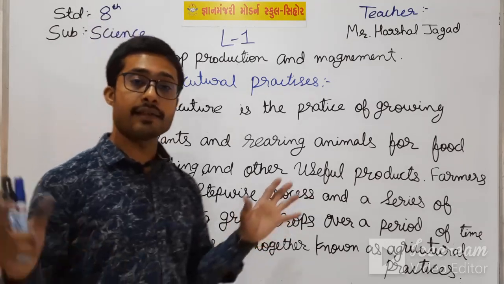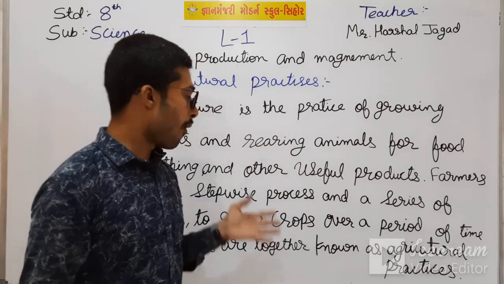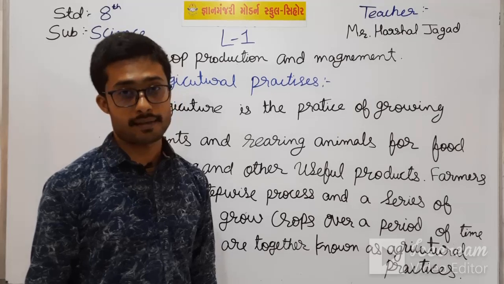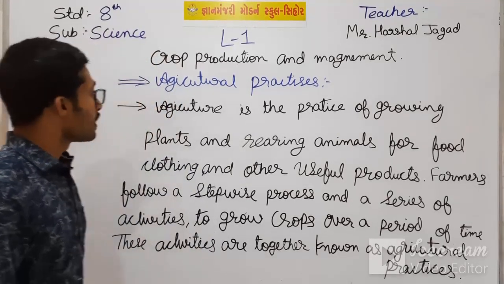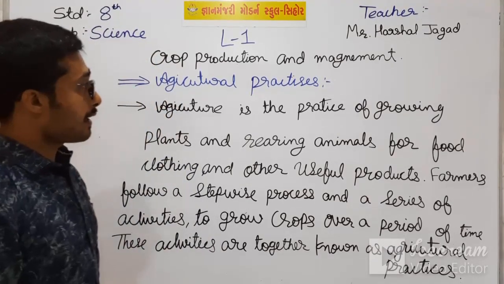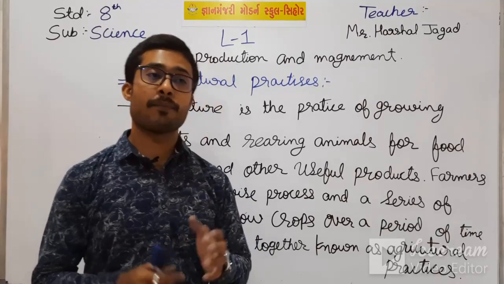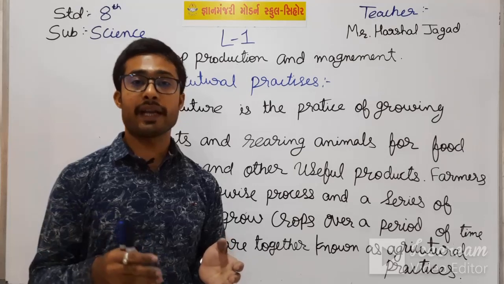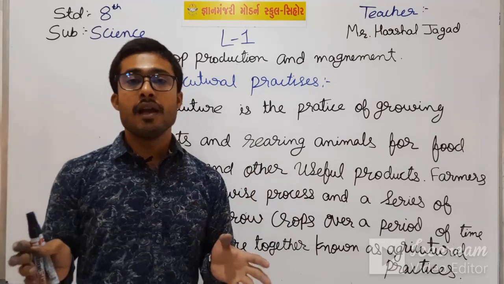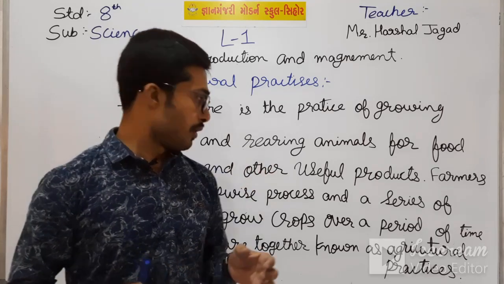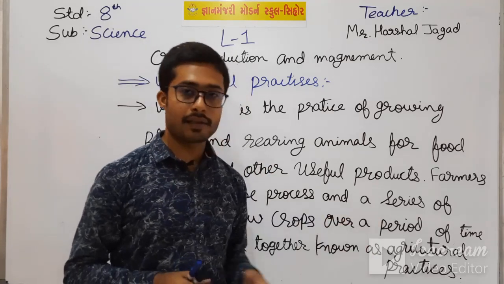These activities, when combined or done together, are known as agricultural practices. So what are agricultural practices? The cultivation of plants, watering them and all the things, if we take them together, this is known as agricultural practices.